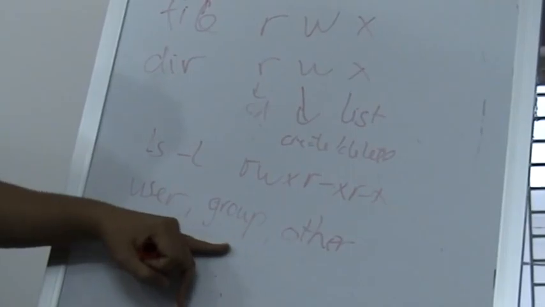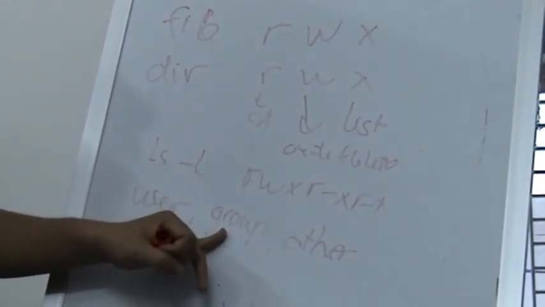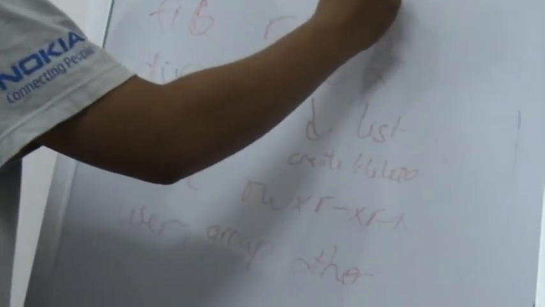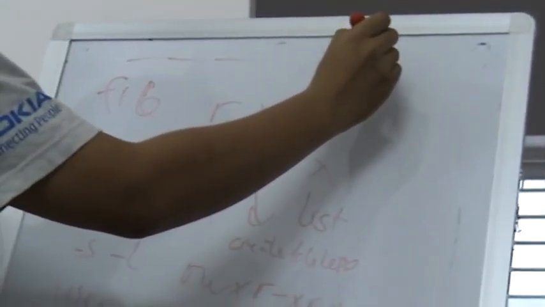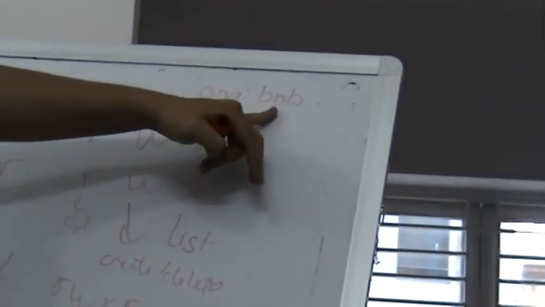So group is a way that you can give permission to more than one user to a file or directory. If the file belongs to Long, but the group is bit and byte, let's say we create a group named bit and byte and add people to it, then people in the bit and byte group will have the permission corresponding to the group.